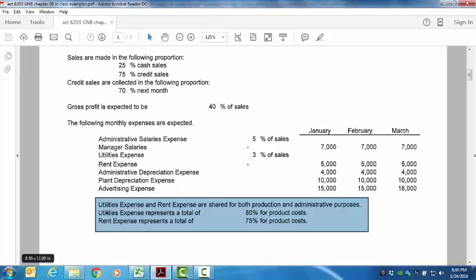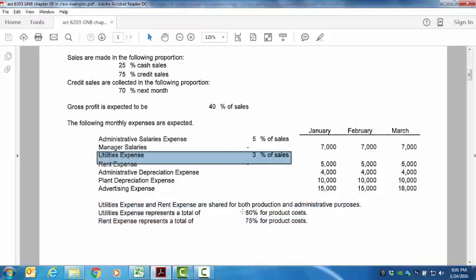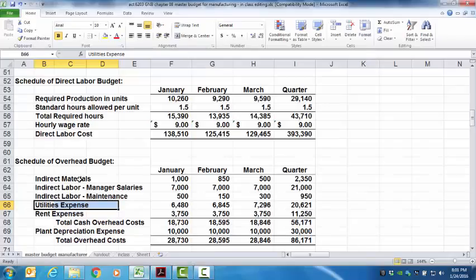And so it says that utilities is really occupying about, let's just say, 80% of the space, so we need to take 80% and associate it with the product. So whatever we come up with here is our 3% of sales, we're going to attribute 80% of it to the product. And of course, that's what overhead is. It's a cost associated with the product.